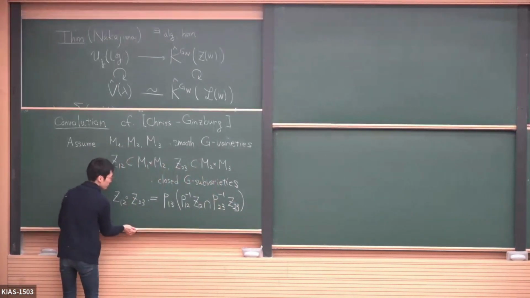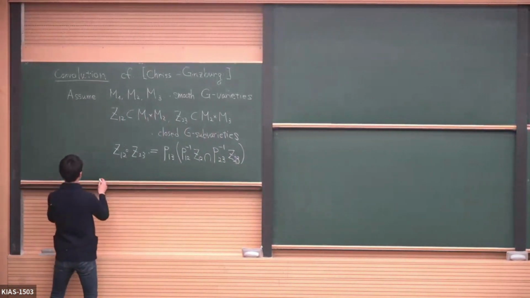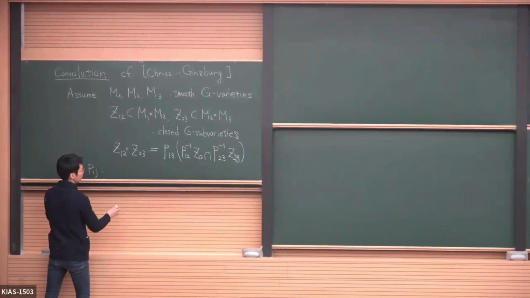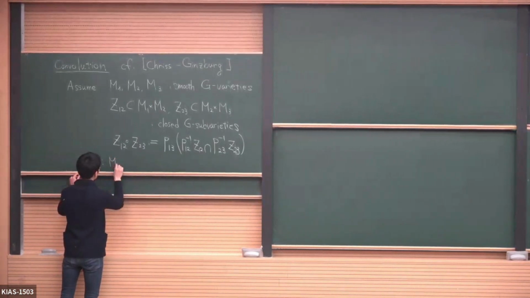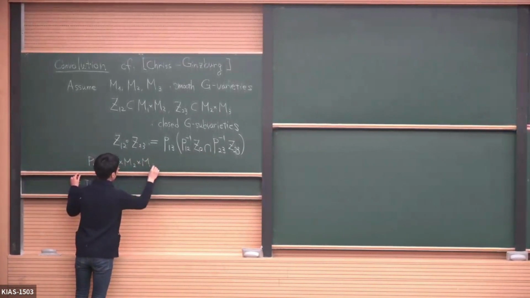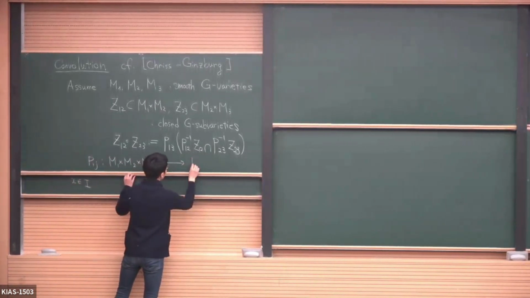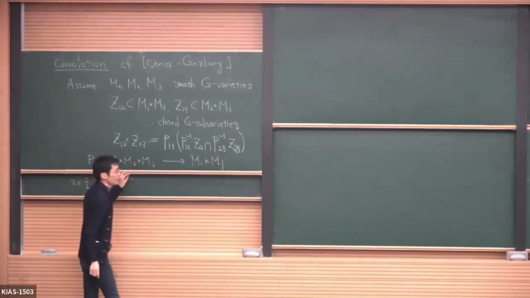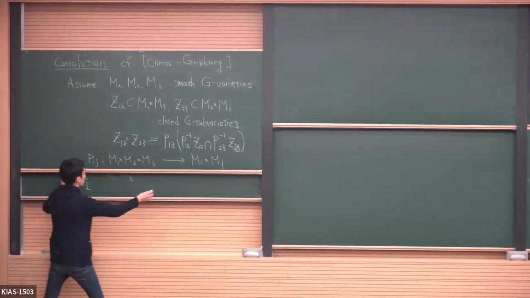So this P_ij here is a natural projection from the triple product to the product of Mi and Mj. So this is projection.